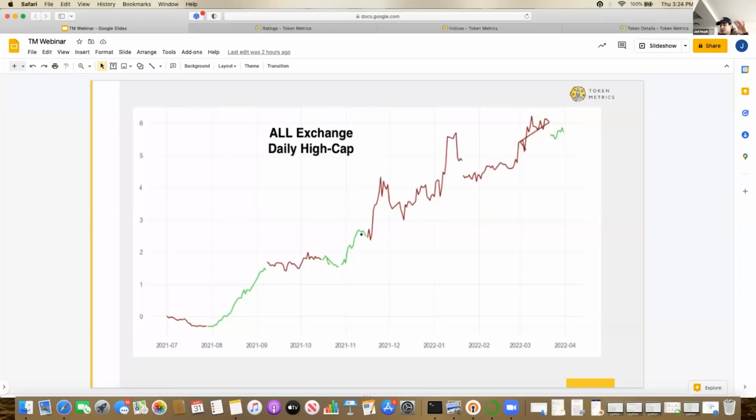As you can see, even when the market was in a bearish regime, our indices performed very well and outperformed the market as a whole, mainly due to allocations to coins like Pax Gold, Tether Gold, which we've been seeing a lot, and also some stable coins to hedge market downturns, as well as coins that were being flagged by the TM grade, like Zcash, Mirror Protocol at some point, Origin Protocol as well, and Waves.